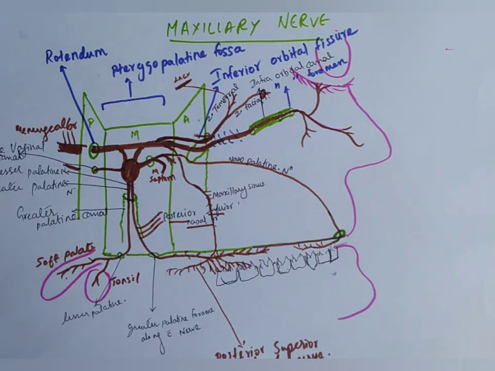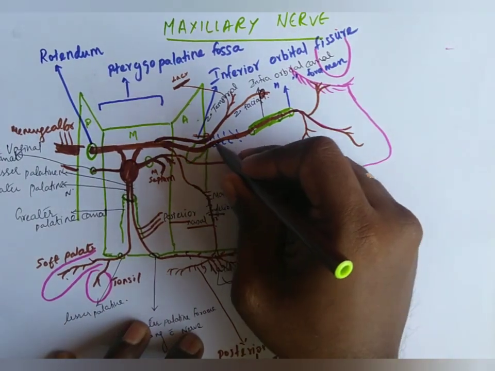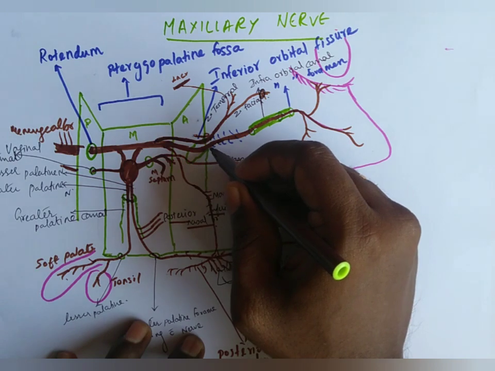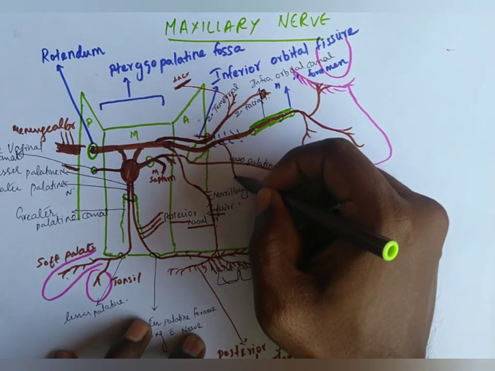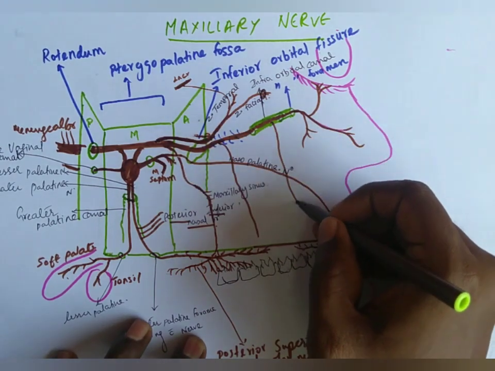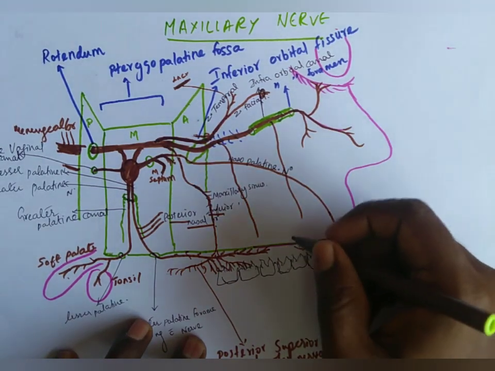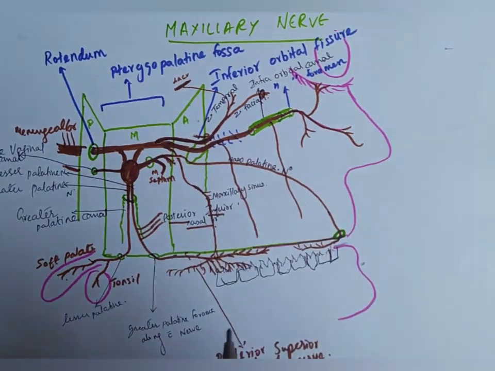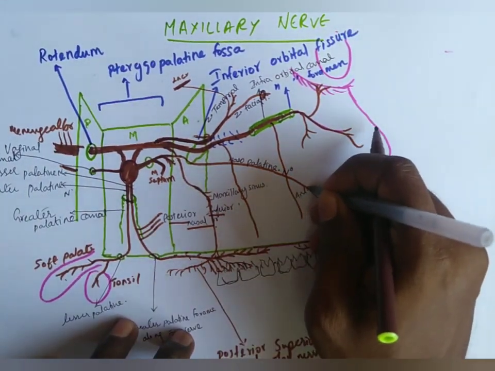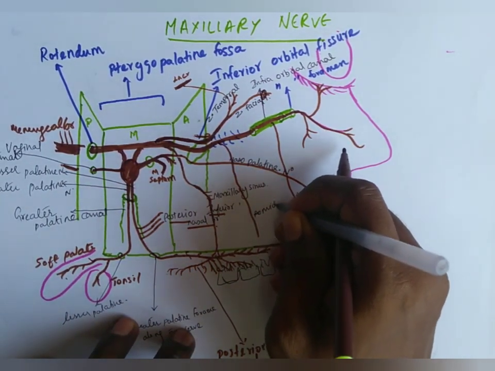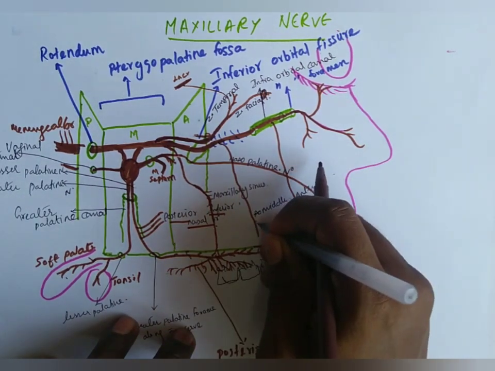Next, there are two more branches after it crosses the inferior orbital fissure. One nerve is coming down from the groove and the other one is coming from the canal, and these two are called the anterior and middle superior alveolar nerves.